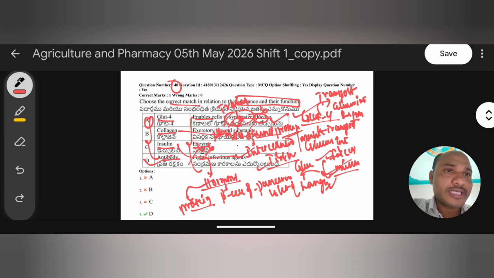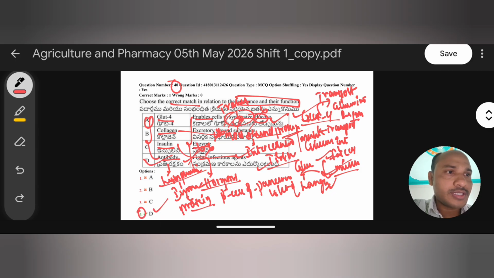Hence this statement is also wrong. Clear? So the right statement is that antibody is produced from lymphocytes of white blood cells in our immune system, and this helps to fight infection against antigens or foreign pathogens. So the fourth option is the right one.